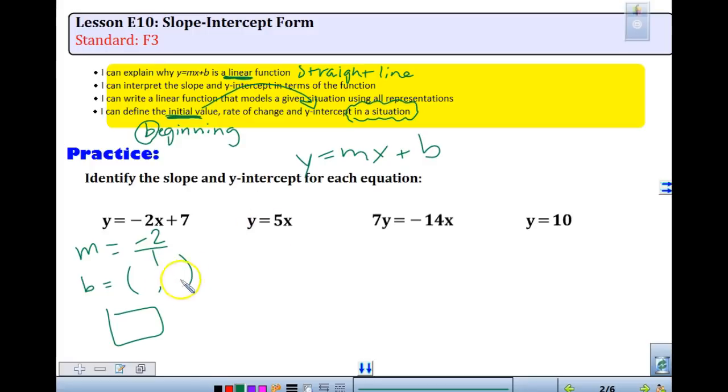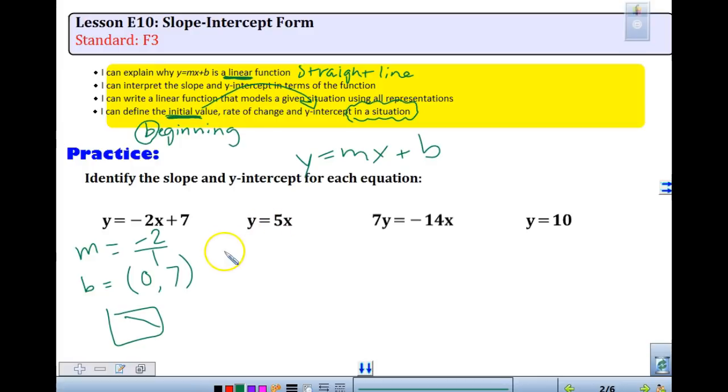Okay. Andrew, could you tell me our b value? (0, 7). And then, Rachel, what would the direction of our line be? Negative, yep, so down to the right.